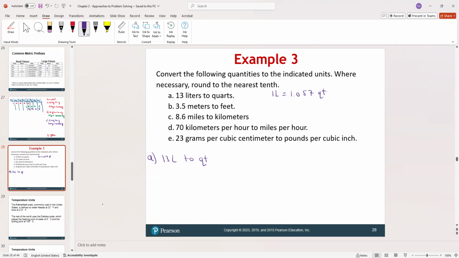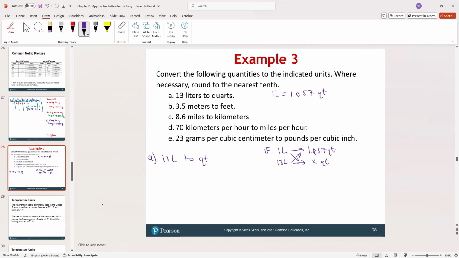For us, a different way of doing it is 1 liter is 1.057 quart. We know at that point, 13 liter would be X quart. A different way of doing it, you can do a cross product.